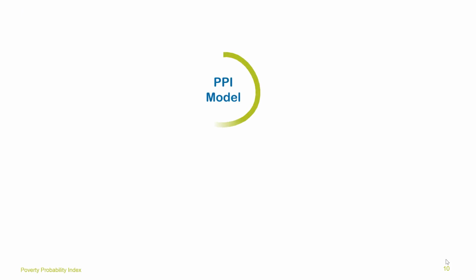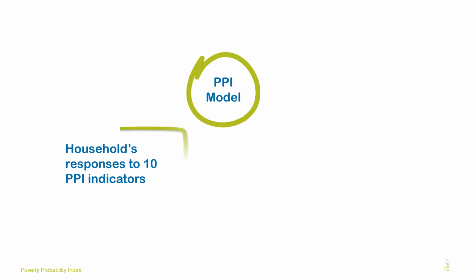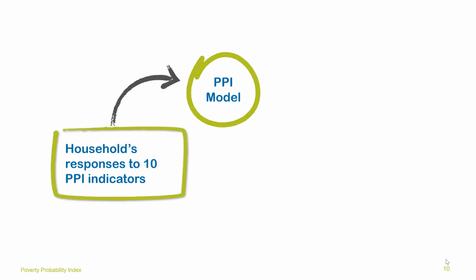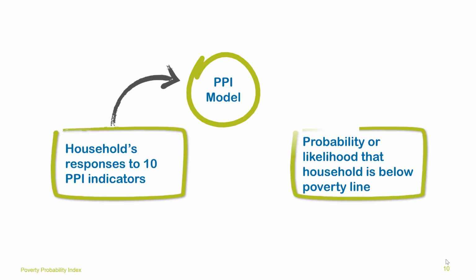The PPI model uses the data on household indicators and poverty in the National Income and Expenditure Survey to convert the responses provided by a household to these 10 indicators to the probability or likelihood that the household is below the poverty line.